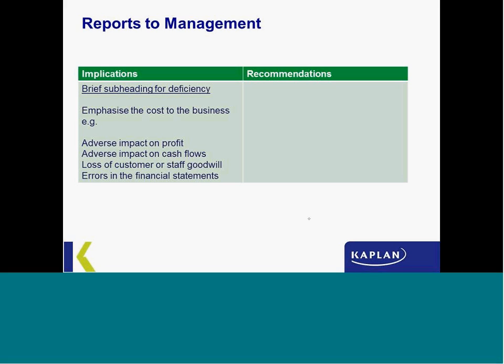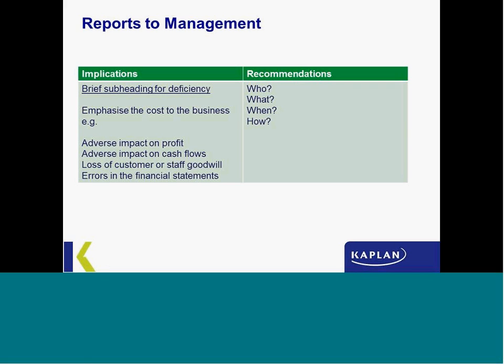Should they be worried because it's going to impact cash flows, goodwill, etc.? Financial statement errors are also a problem for management because ultimately, we're going to do the audit. If there are errors in their financial statements as a result of some problem, then that is going to be an issue. We're going to ask for adjustments, all sorts of things like that. So with implications, emphasize the problem to the business and sell it as a problem to them effectively.